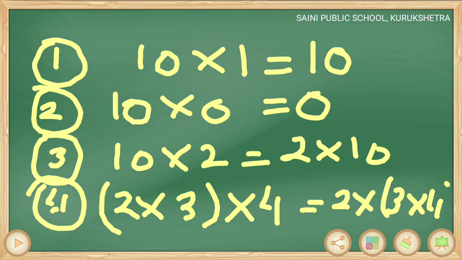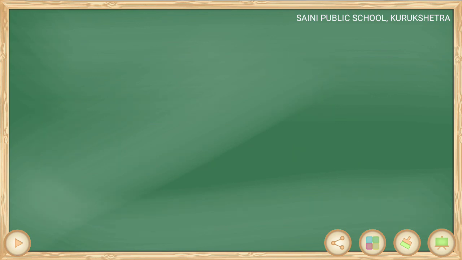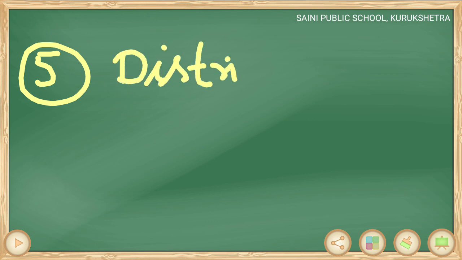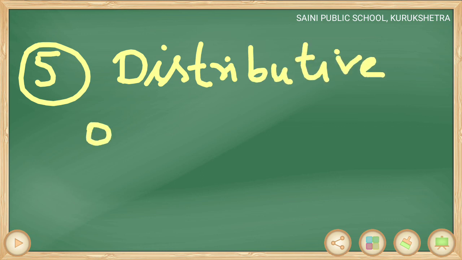Means if I am writing 2 into 3, then I am multiplying the product by 4, or I am multiplying 3 into 4, then I am multiplying the product by 2, our answer is always same. And fifth property, last property, is distributive property. Distributive property says that multiplication is distributive over addition. What it means?